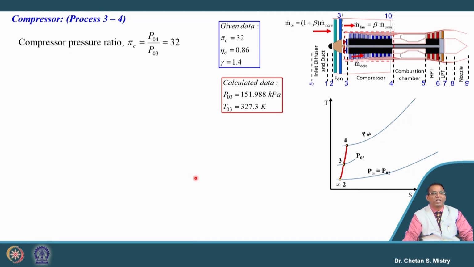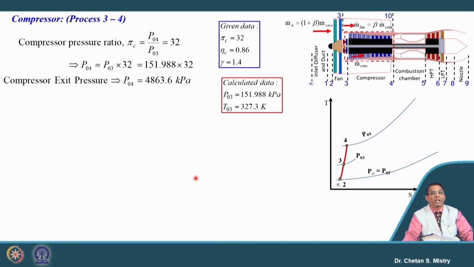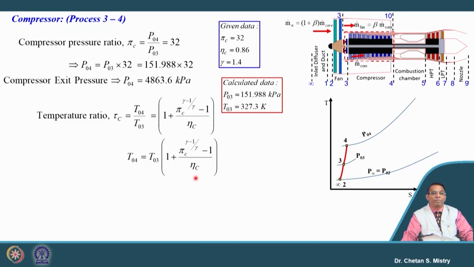Here in this case, the compressor ratio is given, it is 32. Based on that we calculate the exit pressure, and it is coming to 4863.6 kilopascal. In line with what we have done for the fan calculation, our compressor efficiency and compression ratio will help us calculate the exit temperature from this compressor.